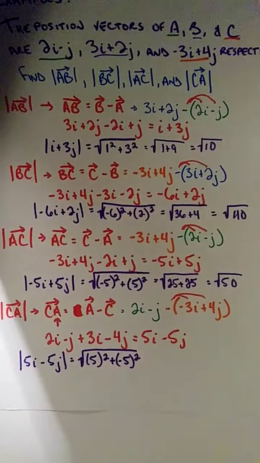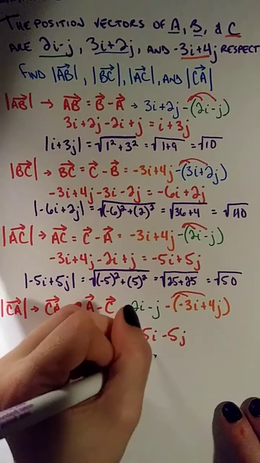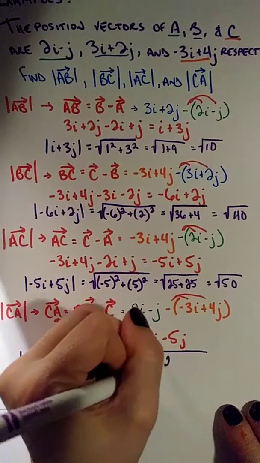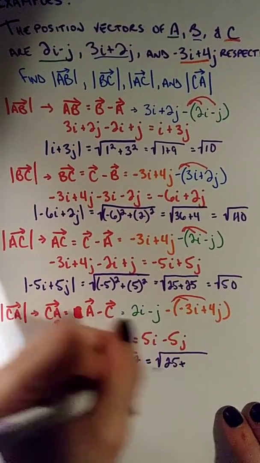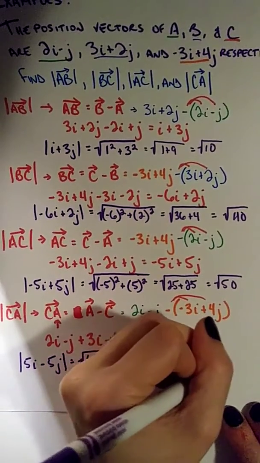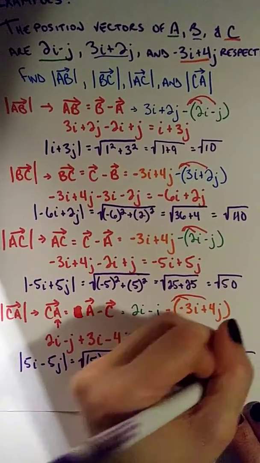Remember, these will always be positive, and they'll always be added together. So our square root will be 25 plus 25, which will give us the square root of 50.